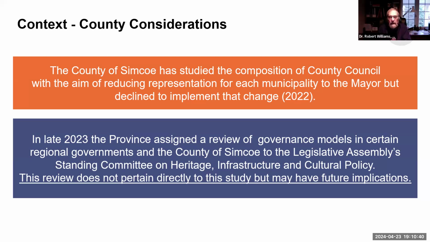But for the moment, this has not happened. It's been debated 2 or 3 rounds. I've notes on it somewhere about how often it's happened, and it was also brought into play before the last election, when the province appointed 2 individuals to review regional councils and the county of Simcoe related to these kinds of questions.